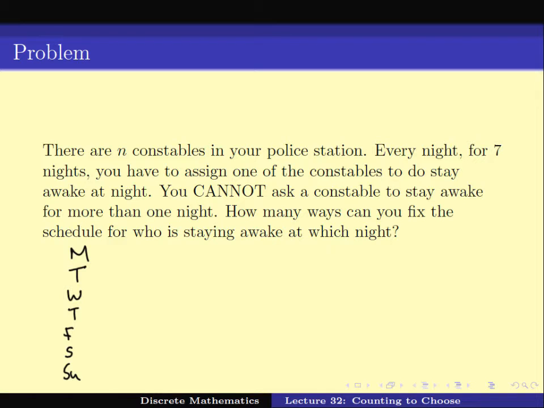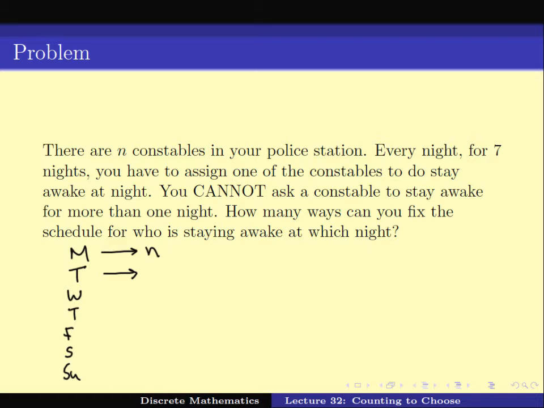Now, how many ways can I pick a person to serve the Monday night? Of course, all the n people are there, and hence I can pick in n ways. Now, how many ways can I pick a constable to serve the Tuesday night?